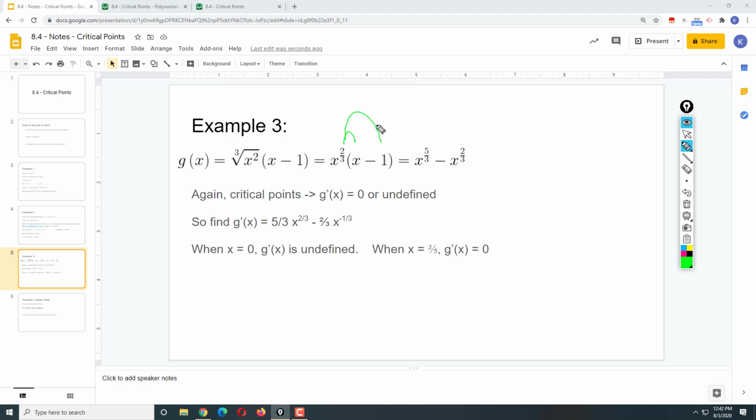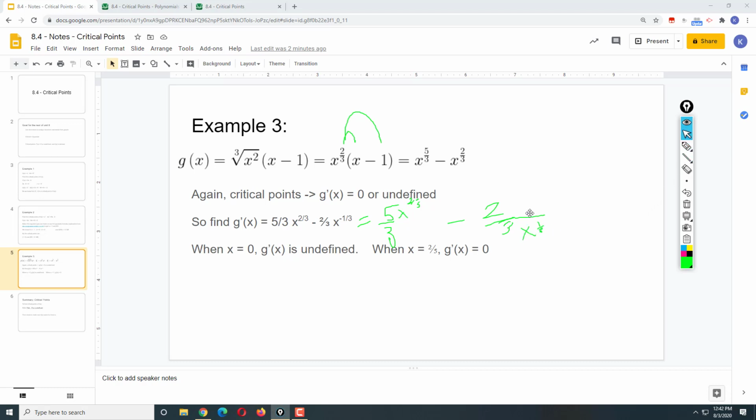The derivative is 5/3 times x to the 2/3 power minus 2/3 times x to the negative 1/3 power. If I write that out, that's 5 over 3 with an x to the 2/3 on top, minus 2 over 3 with an x to the 1/3 on the bottom.